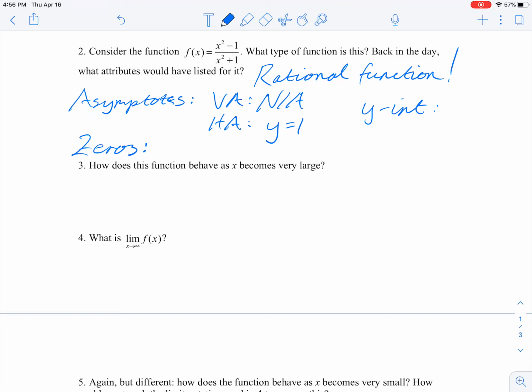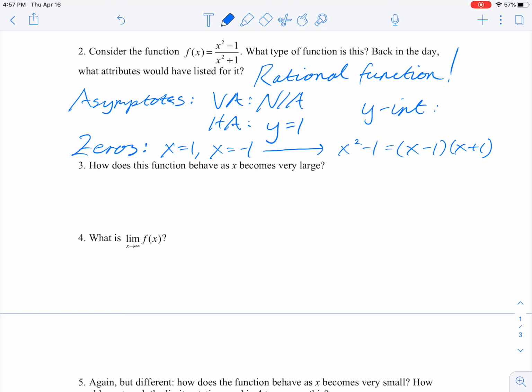And the zeros of the function would have been x equals 1, x equals negative 1, and I am drawing that from the fact that the numerator could be broken down to be x minus 1, x plus 1.